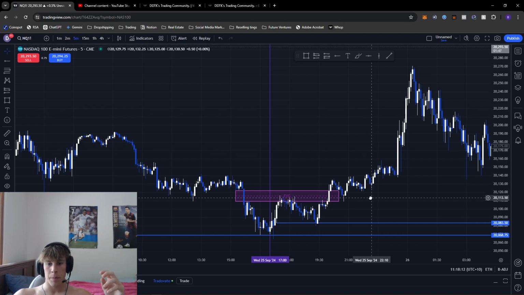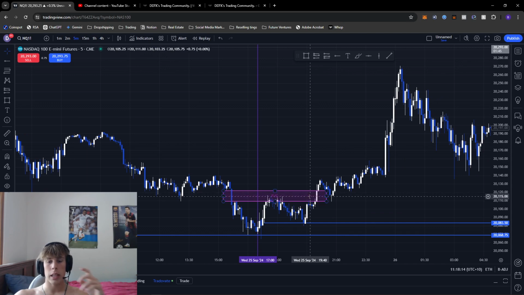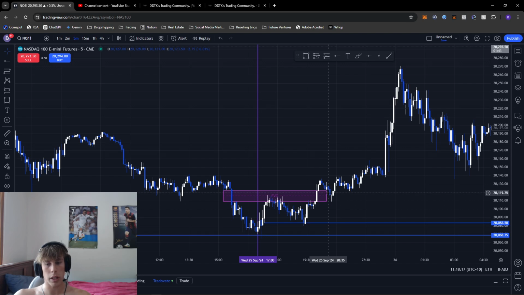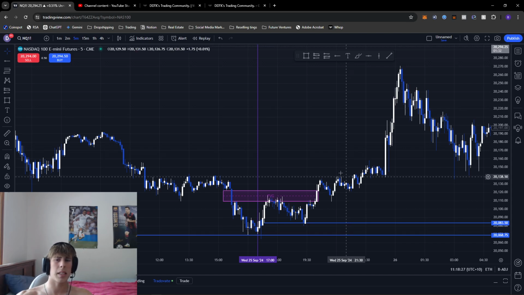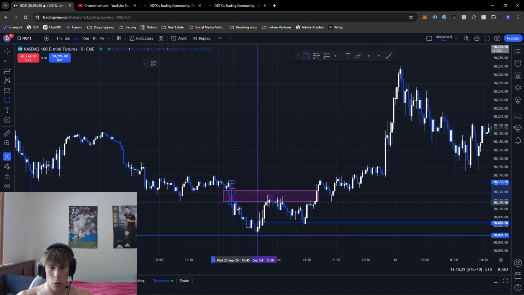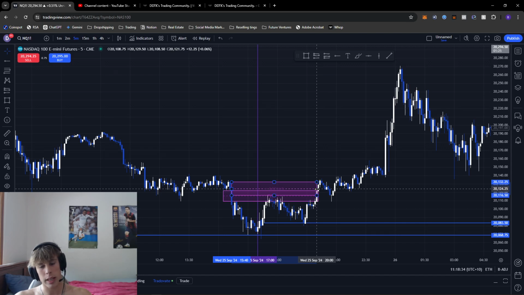So then price actually inverses this fair value gap really well, the top half of it. Some people would consider this done because it's been respected, but there's still imbalance all the way up here to midway through here, so that's got to get hit.